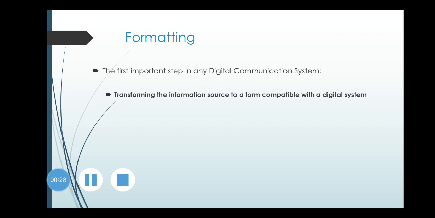So the transformation of the information from the source into compatible digital bits or bit streams, as zeros and ones, is done as the first step in our formatting.